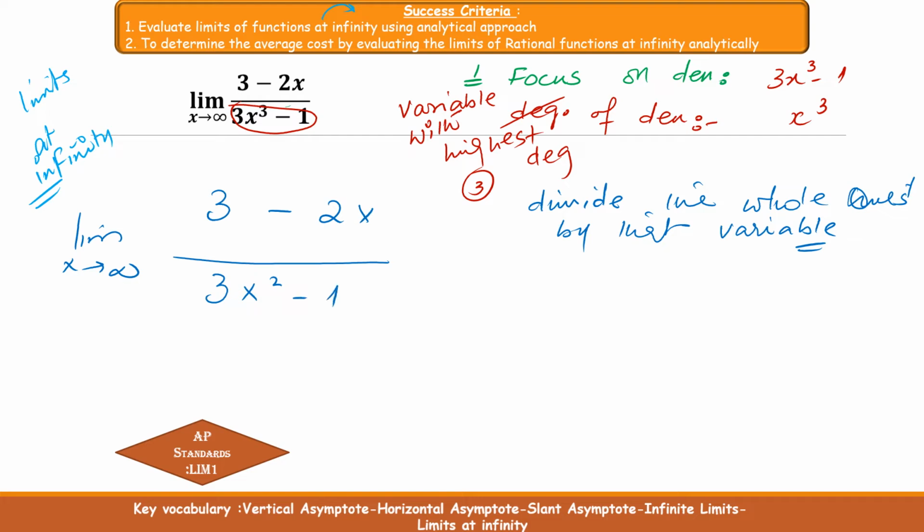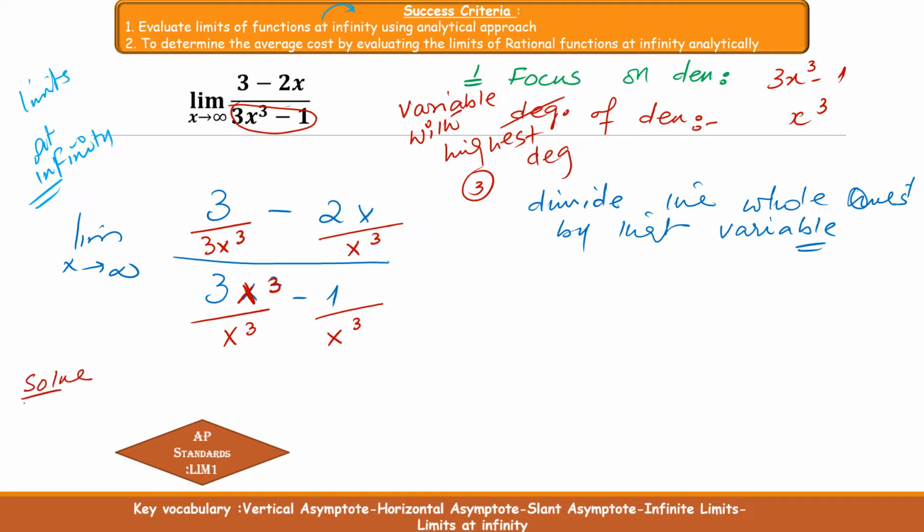Now divide everything by x³, because x³ is the highest degree. Divide the whole expression, up and down, by x³. Not by the highest degree of the numerator and the denominator separately, but only by the highest degree variable of the denominator. Okay, now solve.